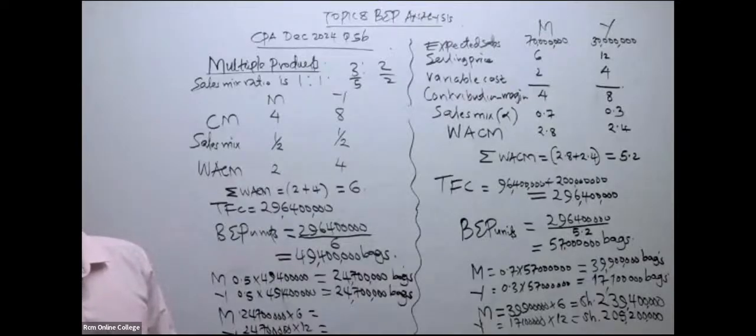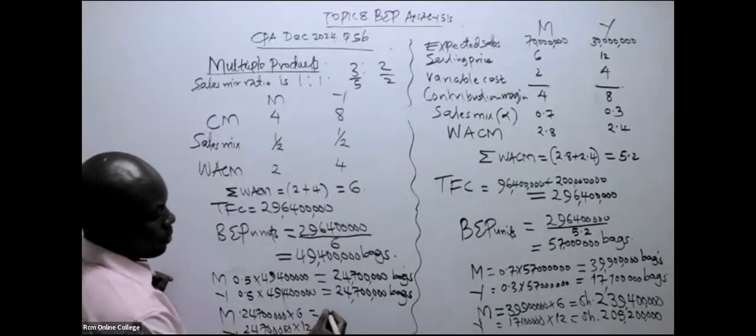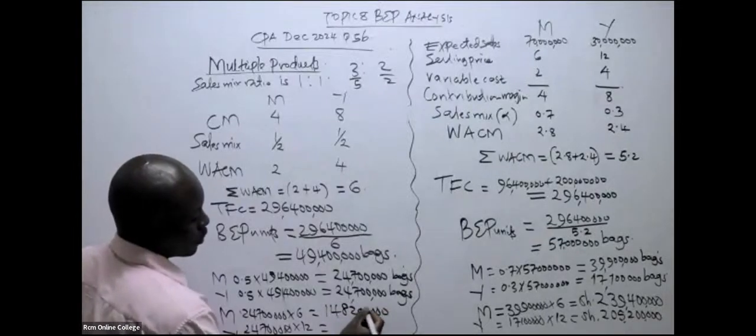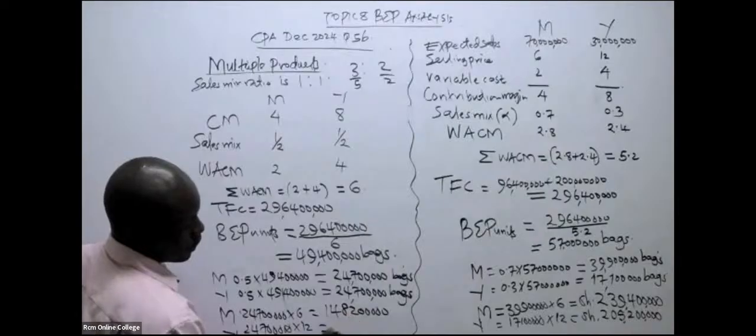What I know is Y will be double of what we have for M. 148, 200,000. So this must be 296.